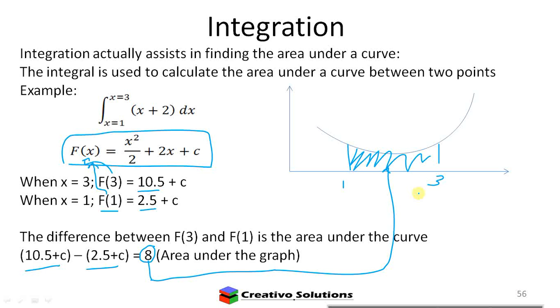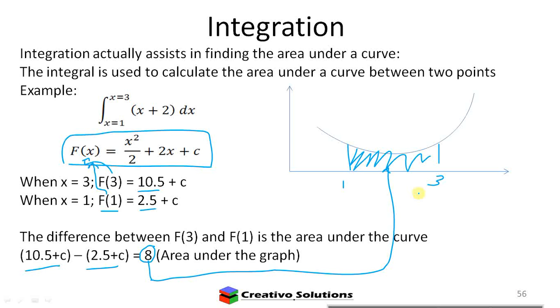Example: find the area between x equals 0 and x equals 2, given y equals x squared minus 4x. So that's the question.